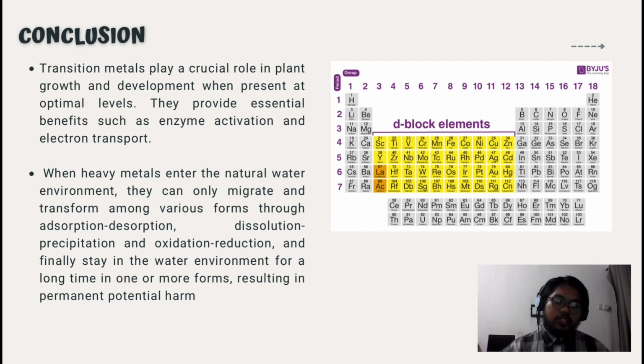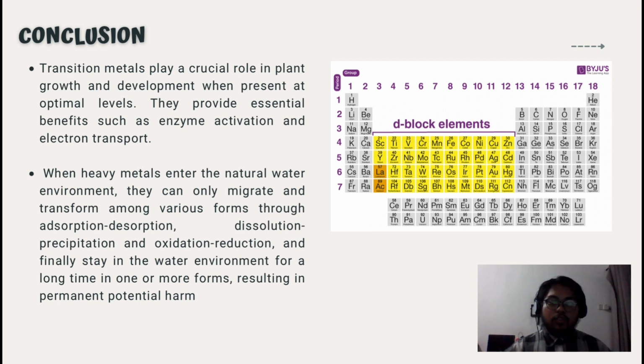Lastly, when transition metals enter the natural water environment, they can only migrate and transform among various forms through adsorption, desorption, dissolution, precipitation, and oxidation reduction, and finally stay in the water environment for a long time in one or more forms, resulting in permanent potential harm.